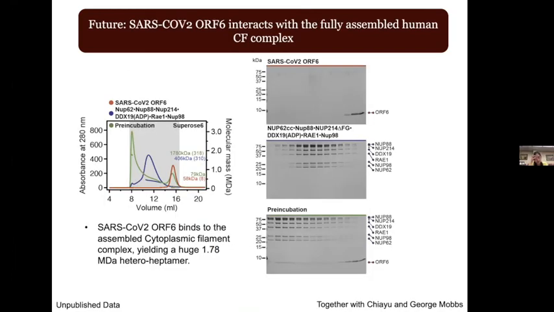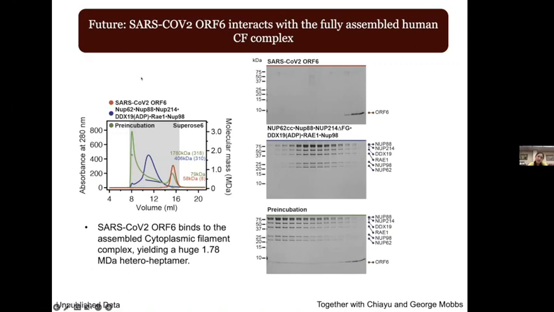Another thing is that we always wonder what we can do with the structure. The nuclear pore complex is involved in a lot of cell activities, and also disease. One of the key things is that it is definitely involved in virus infections, including the recently very popular SARS.